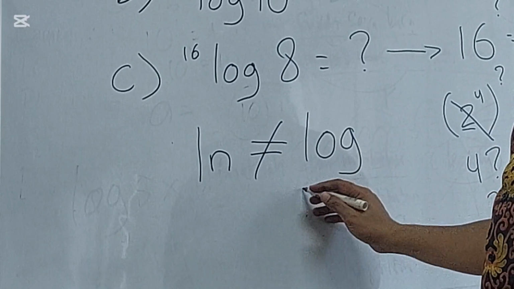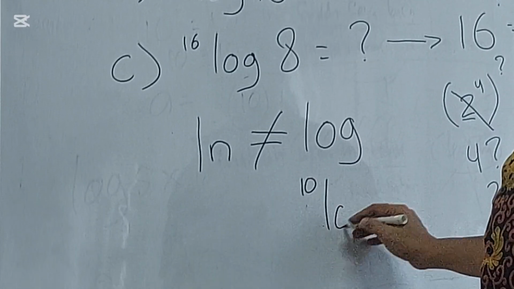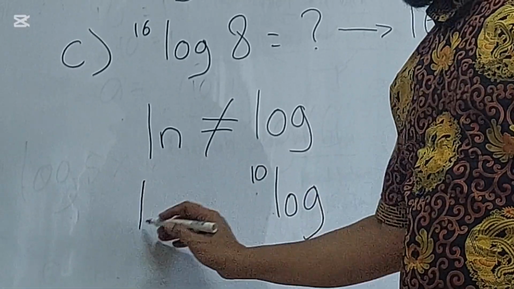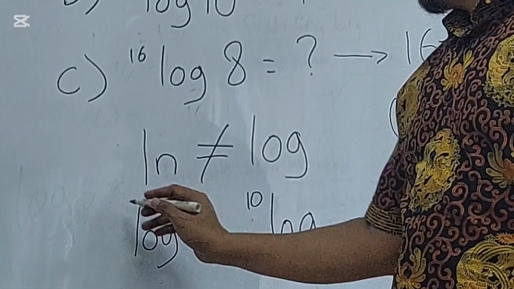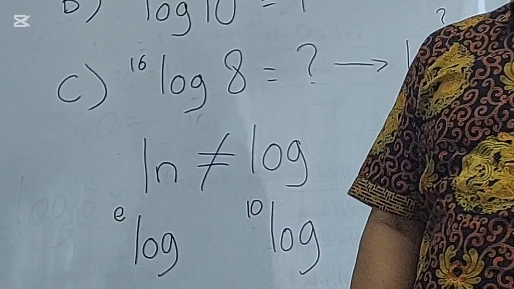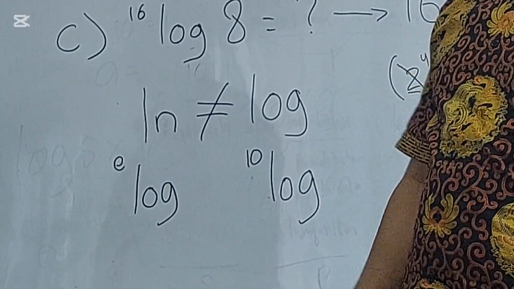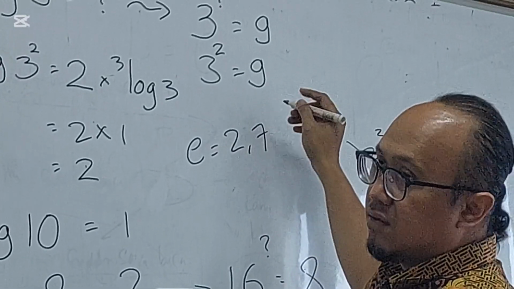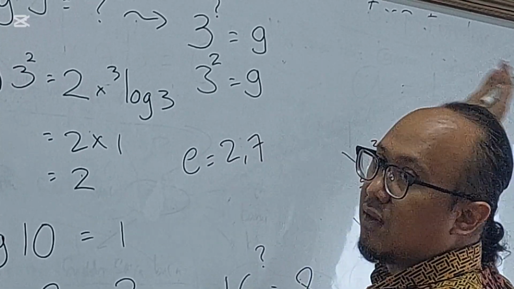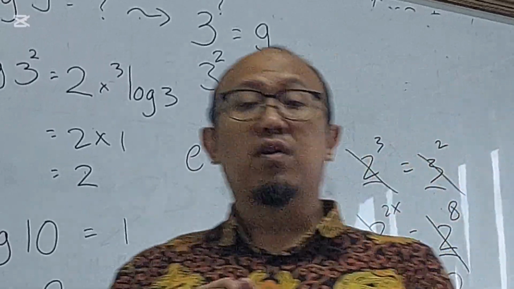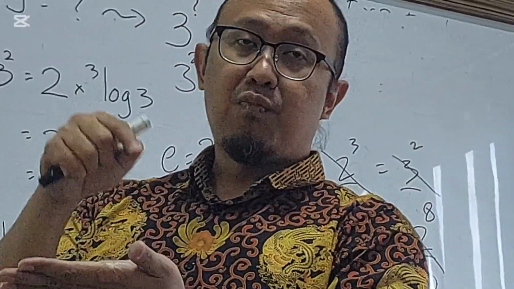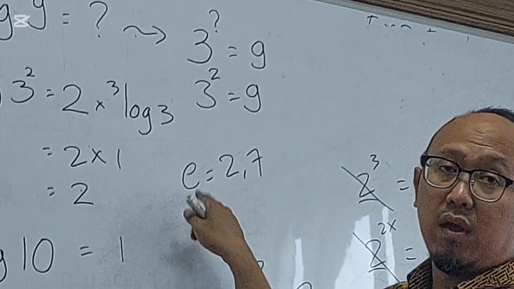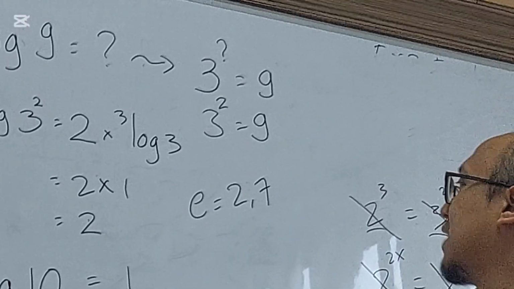For log, the base number was 10, but for ln, the base number was Euler's constant, and Euler's constant is 2.7 something. If you open your calculator, then press the e button, you will get the number e, or Euler's constant.